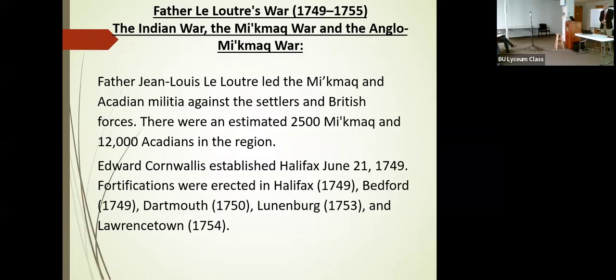There are campaigns, but the campaigns largely revolve around destroying settlements, except Acadia becomes a real focal point. Because of what happens in Acadia, where you see an estimated 2,500 Micmac and 12,000 Acadians, that's the population, not the number of warriors and soldiers or militia, all right?